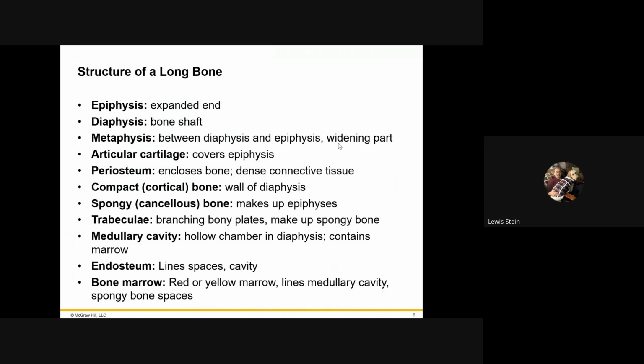When you see the term trabeculae, they are the hallmark of spongy bone. It's not organized in the same classic way, and that's something I'm going to be doing in class, the organization of cortical bone. These are just plates, shelves and plates of bone that form a honeycomb. They're like underpinnings to provide strength.